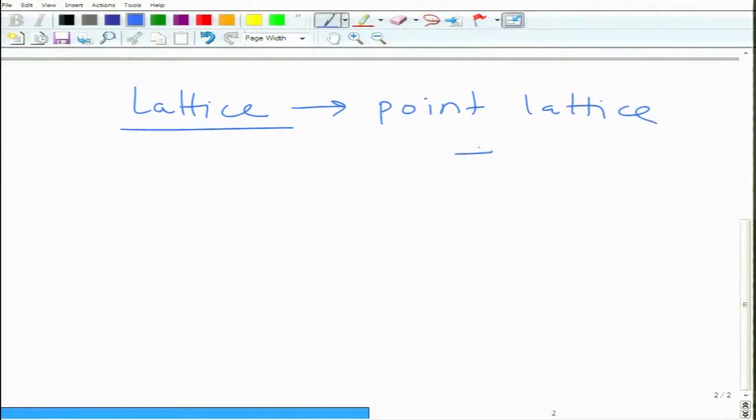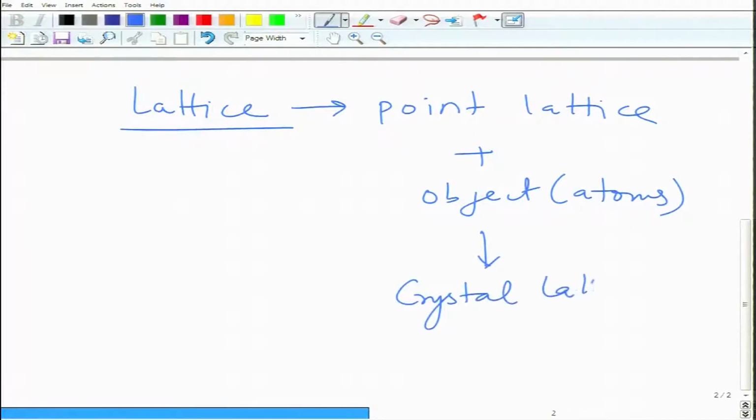And if you put some object such as atoms to it, what it makes is a crystal lattice. So a crystal lattice is a 3D periodic arrangement of atoms in space. Instead of points you have atoms or molecules or groups of atoms.